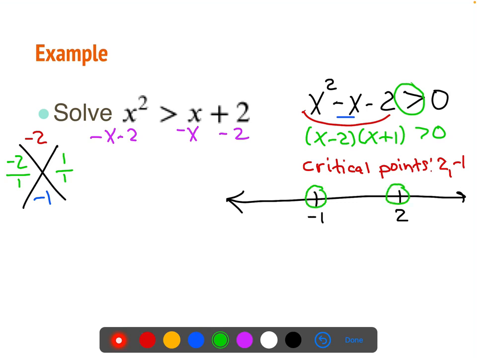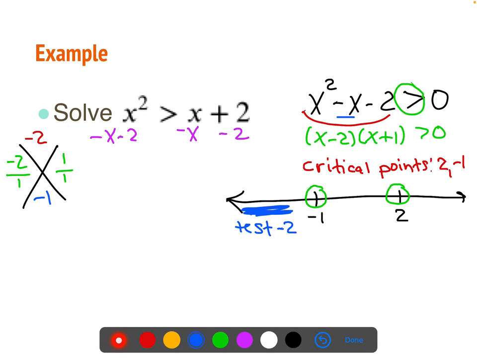Now I'm going to test some values in each of those categories. I want to test something in each of those categories. So a number that's negative 1 or smaller, I'm going to test negative 2.